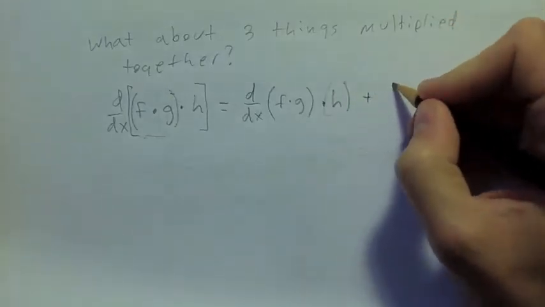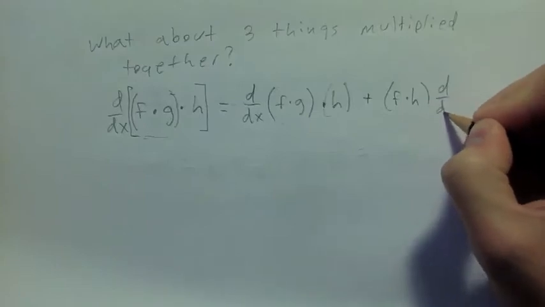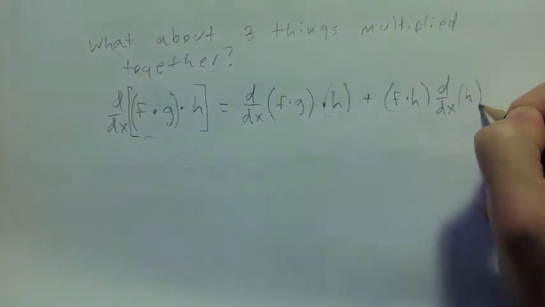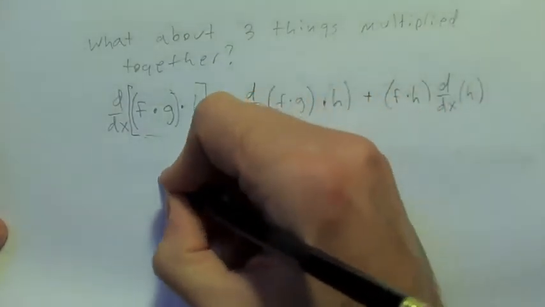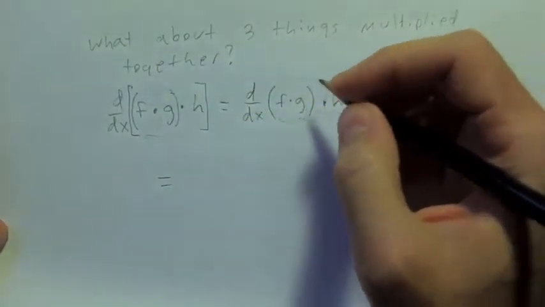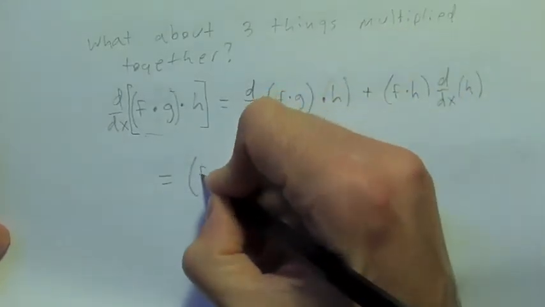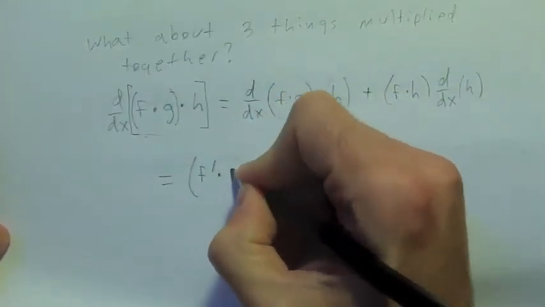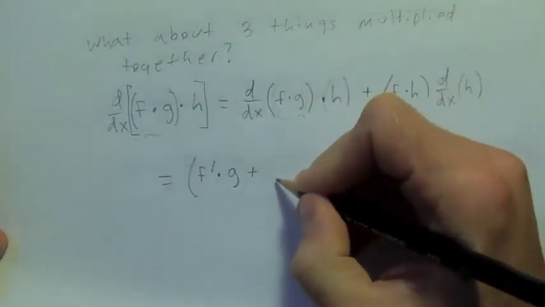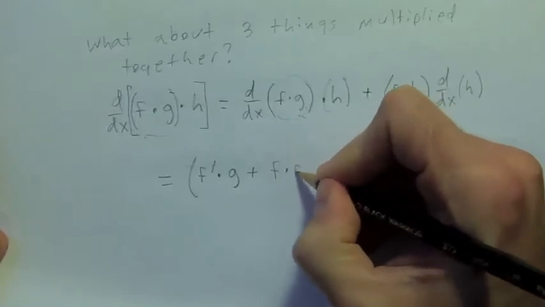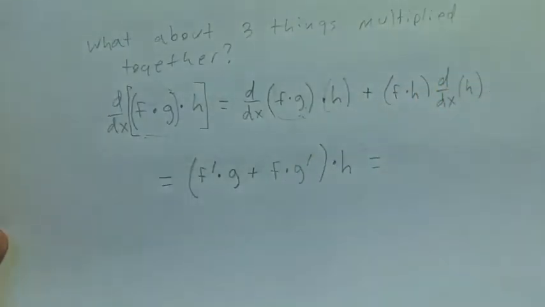Then it will be plus f times g times the derivative with respect to x of h. And then the derivative of the product here is going to be another product rule. So that's going to be the derivative of the first, which is f prime, times the second left alone, so f prime times g, plus the first guy left alone, f, times the derivative of g, and this whole thing is times h.